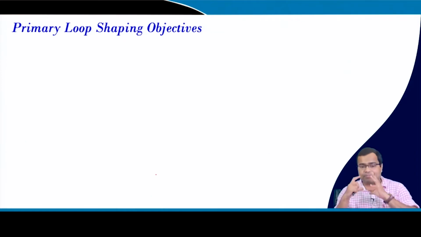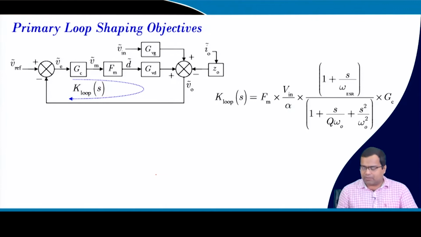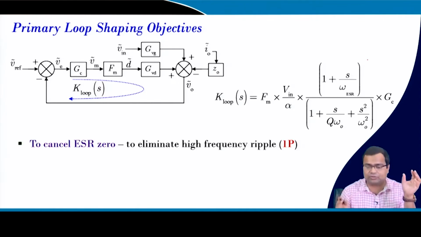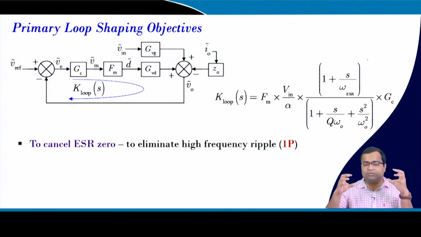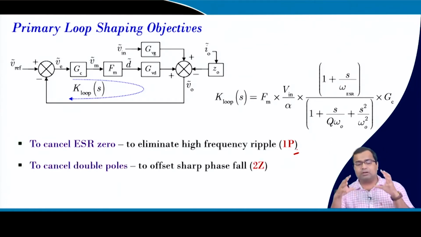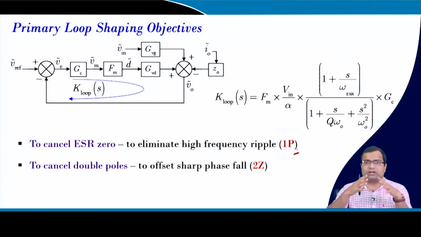Next, our primary loop shaping objective. So, here we are planning to cancel ESR 0. We need to have one pole of the controller to cancel the ESR 0. We need to cancel double pole to offset the sharp fall due to the double pole.